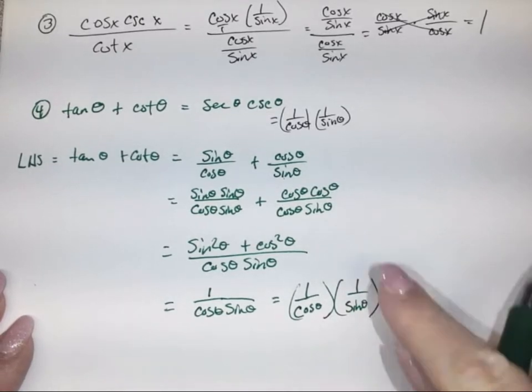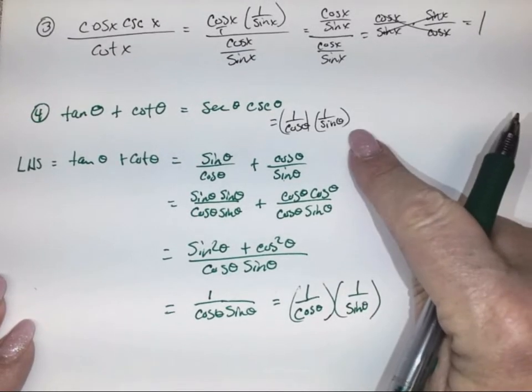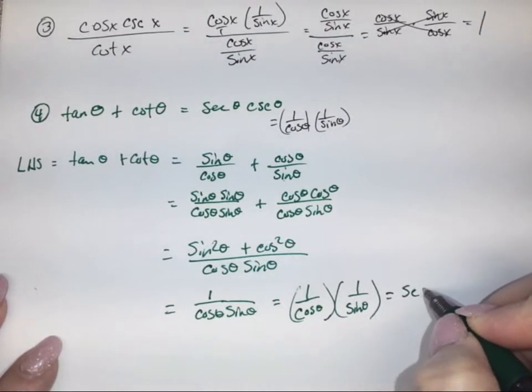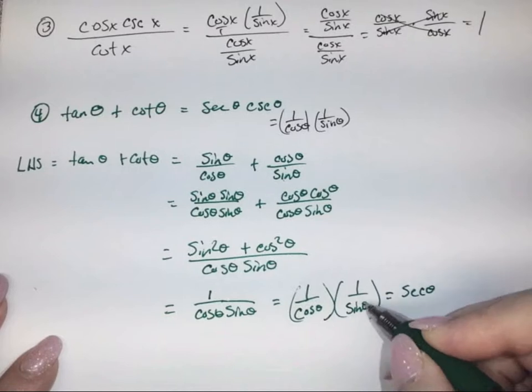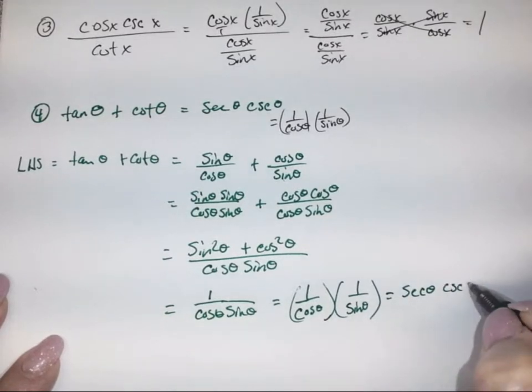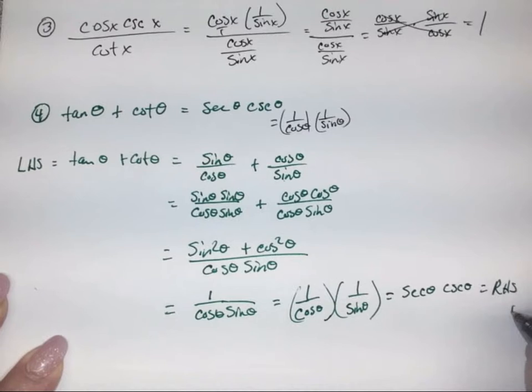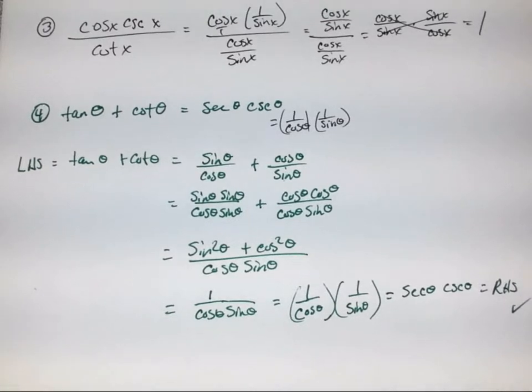Well, that's exactly what our rewrite got us up here. 1 over cosine is secant theta, and 1 over sine is cosecant theta. So now this equals the right-hand side, and we have proven that they are equal.